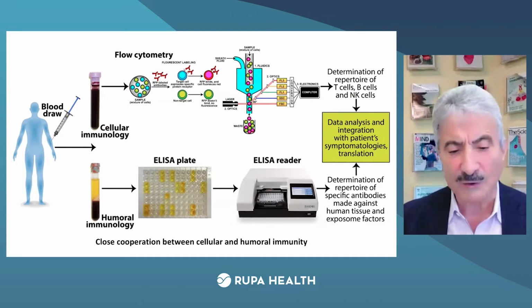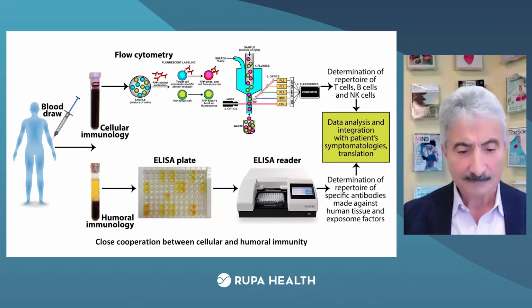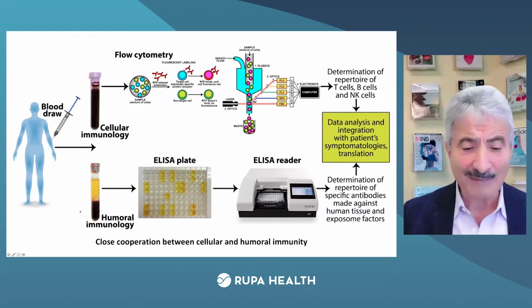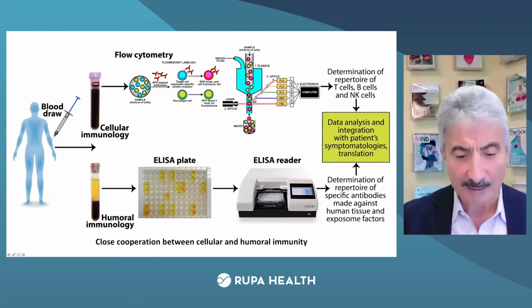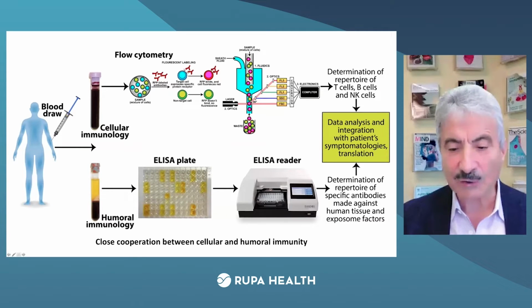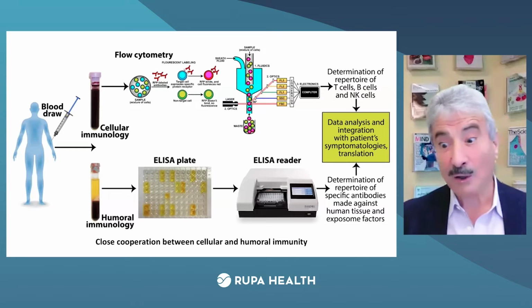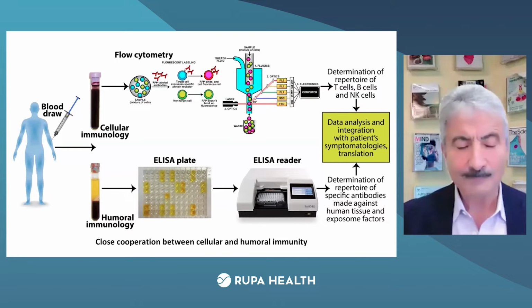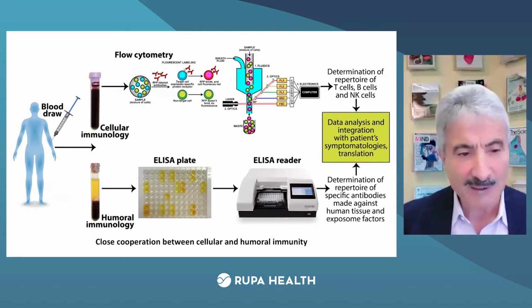We can go all the way to 384 determinations. The color development is proportional to the level of the antibody. Then the ELISA reader is going to read that and convert it to a number, which we then analyze and try to correlate with cell-mediated immunity.